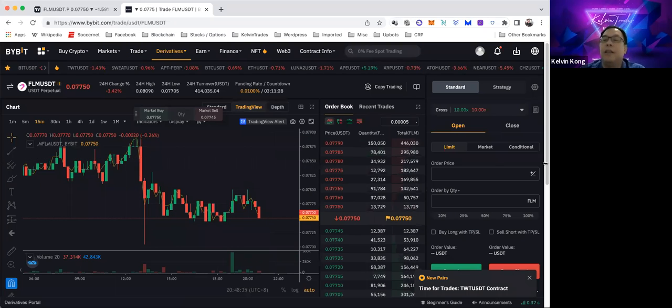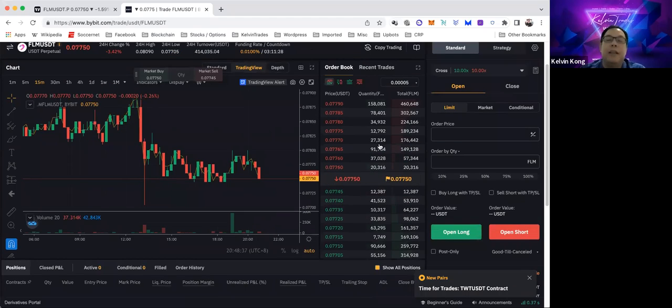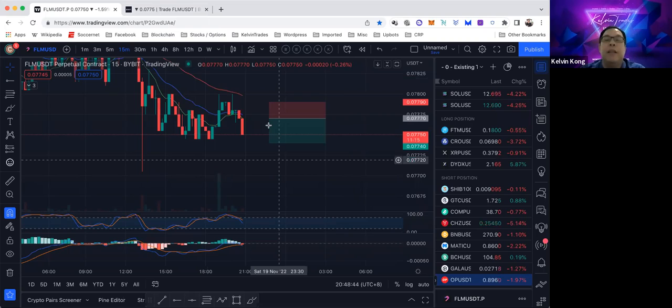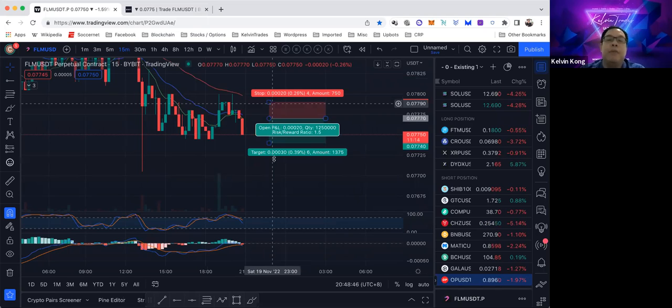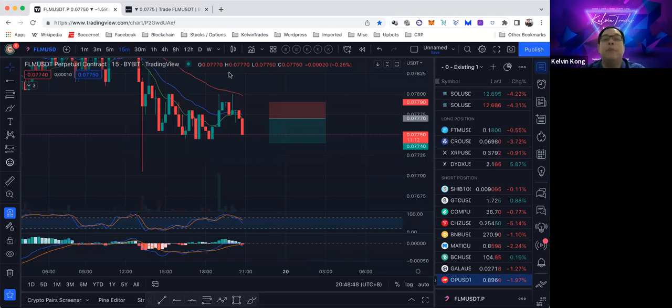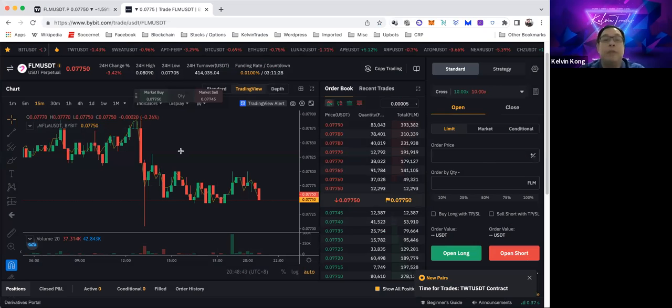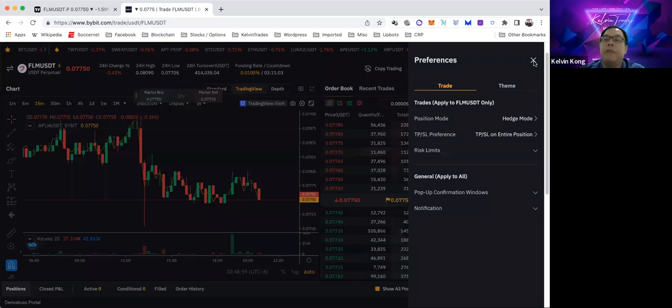So once you have found the coin, your entry, your stop loss, your take profit. Once you have determined where those three prices are, come over to your panel here, right? So first thing is make sure your preferences over here.